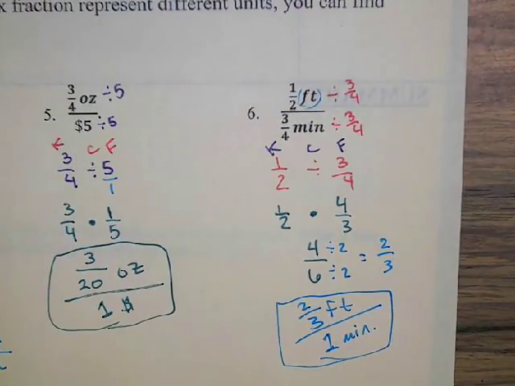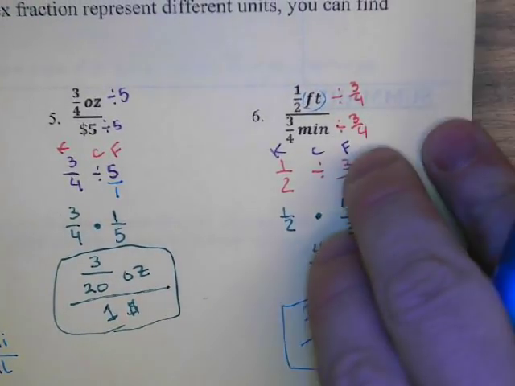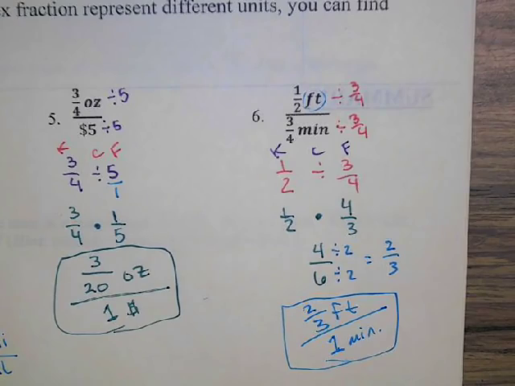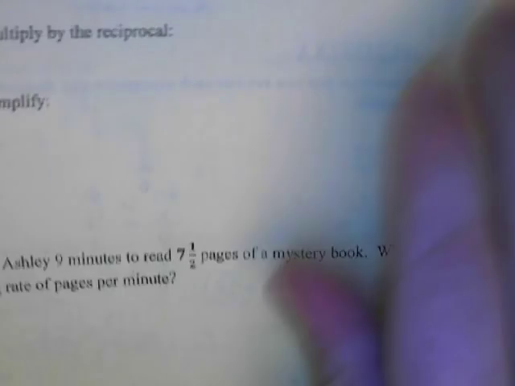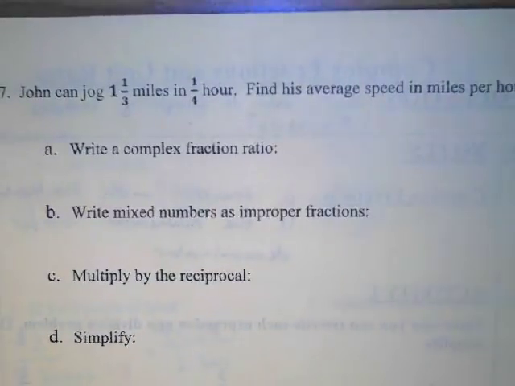Now let's go ahead and flip to the back so we can look at one of the word problems. We'll just do one of the word problems and then we'll be done with this section. So the idea is we just need to convert the words into our equation and then we'll be able to simplify it.